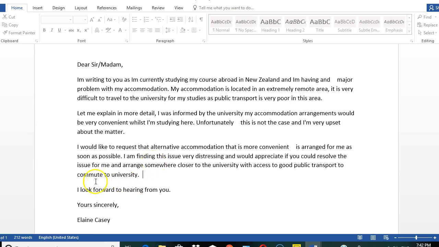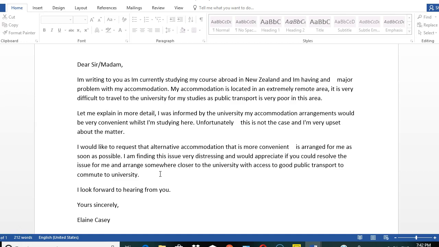You have the word commute, that is great. This would be a more convincing argument. For example, if you have to waste an entire 4 hours on your daily commute to and from university, that would be completely unforgivable. So that's absolutely convincing.